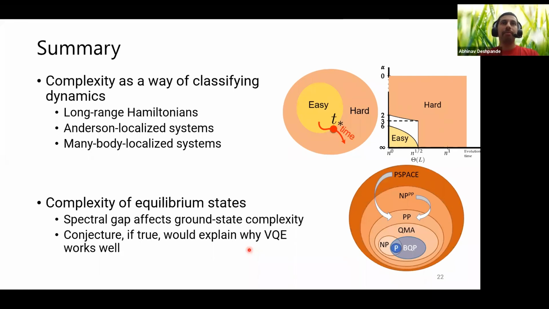But if you're just interested in, say, a few observables, then it's possible that a classical computer might simulate those observables pretty well for you, even though it doesn't know how to sample from the full distribution.